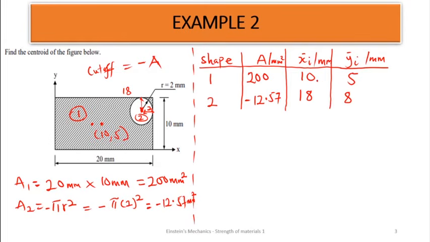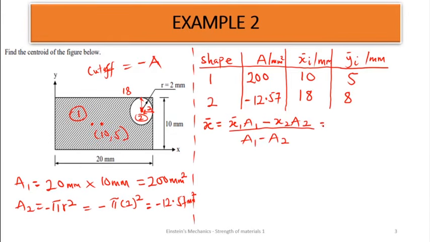So now I have my table, and I can find the x bar, the entire x bar for the figure, from the formula x bar of the first shape, area 1. Remember, the second shape is a negative area which will affect it. You have to sum them. So negative x2 area 2. This negative is coming from the area 2, which is negative, everything on area 1 minus area 2. Are we okay?